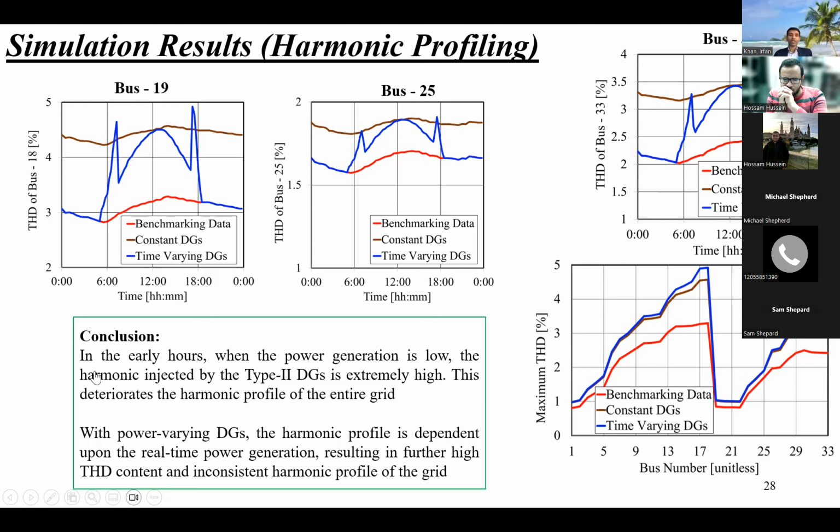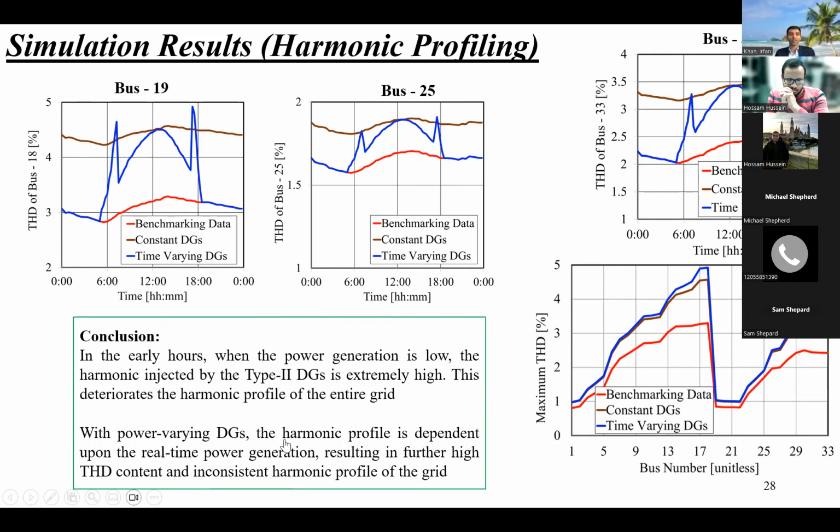So in conclusion, in the early hours when power generation is low, the harmonic injected by DG type 2 is extremely time varying. It's only 3%, it's low. This deteriorates the harmonic profile of the entire grid.